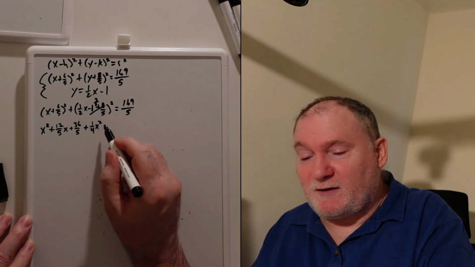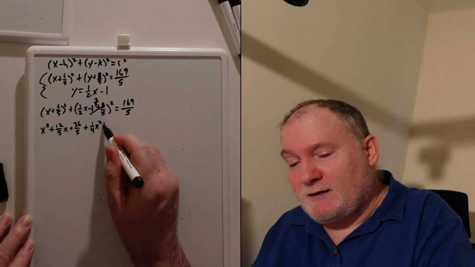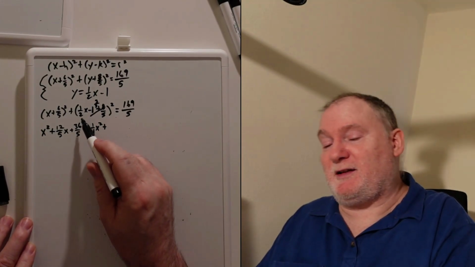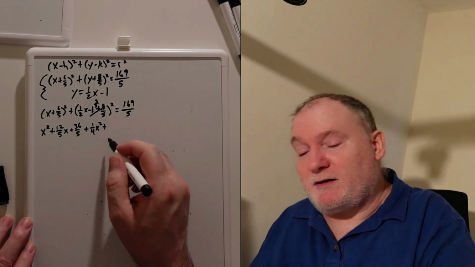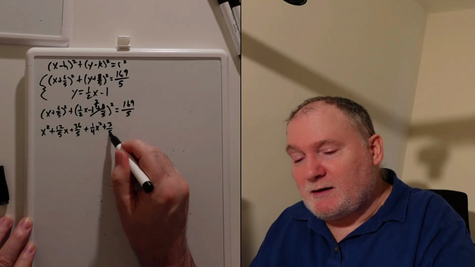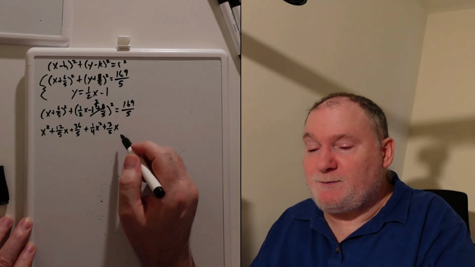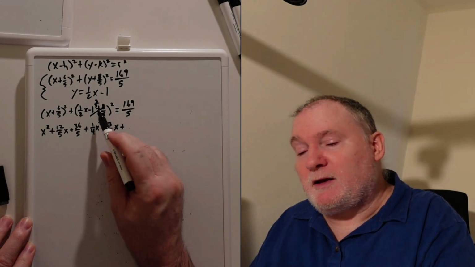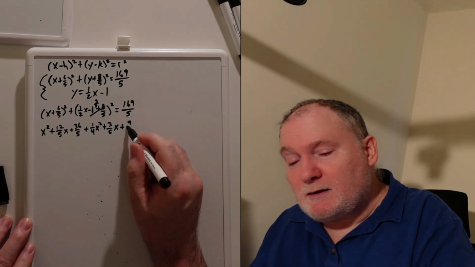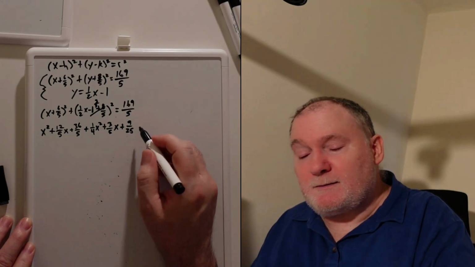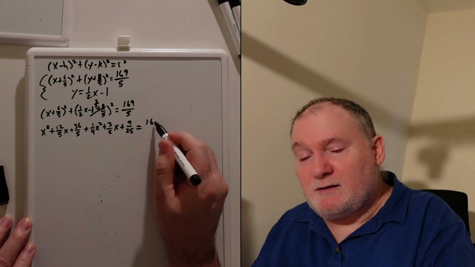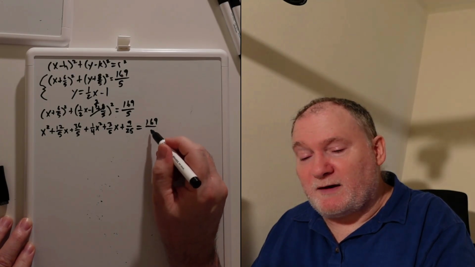The formula says to take 2 of them, but the coefficient says half of it. They undo each other. So that's why you just magically get this back. So plus 3/5 x, plus 3/5 times 3/5 is 9/25. And this is going to be equal to 169 over 5.